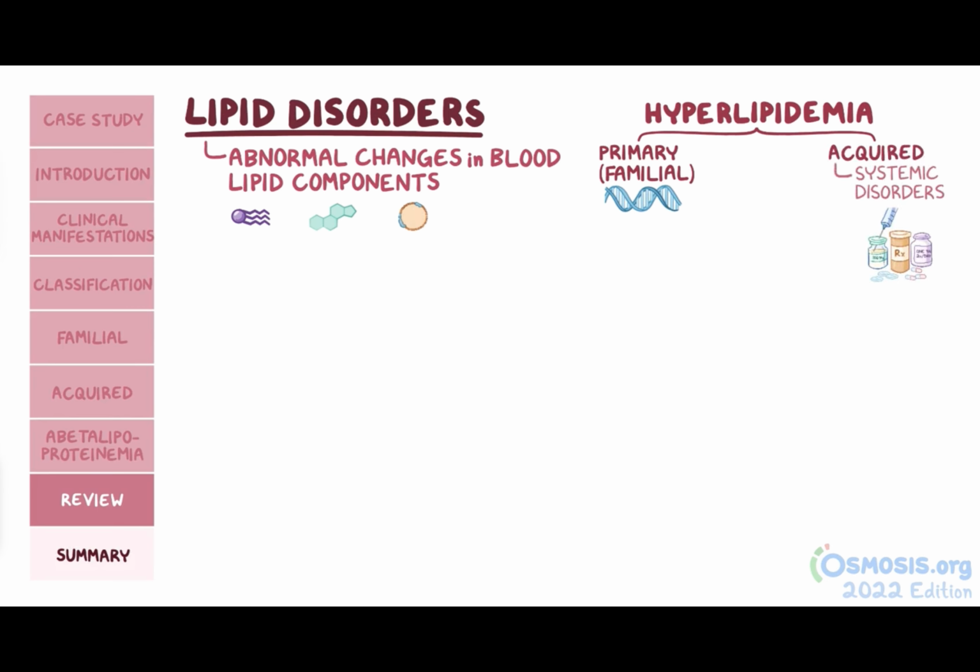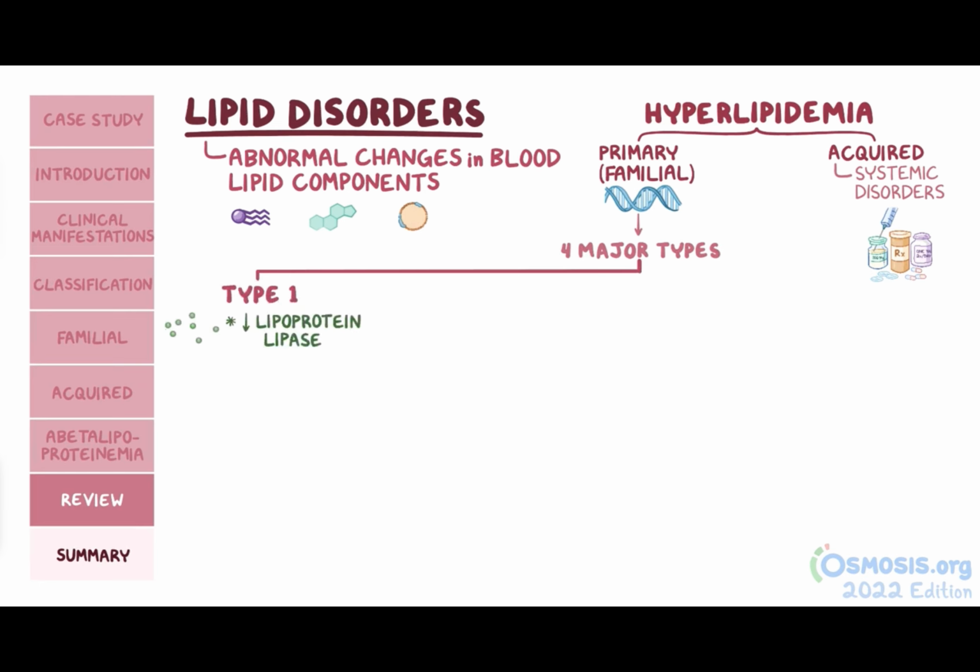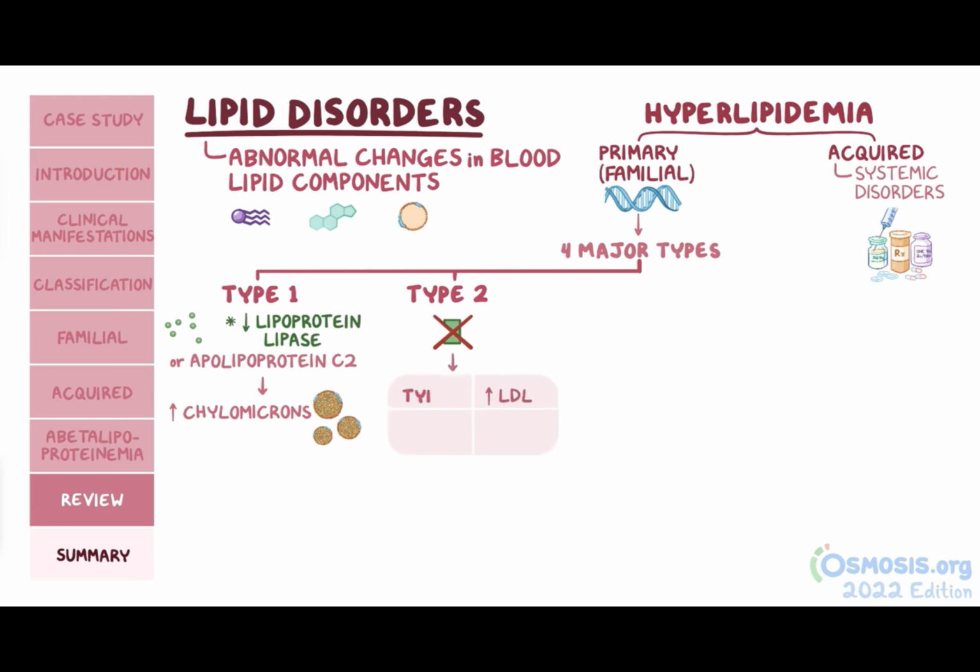Familial hyperlipidemias are subclassified into 4 major types. Type 1, caused by a deficiency of lipoprotein lipase or its cofactor, apolipoprotein C2, results in elevation of chylomicrons. Type 2 is caused by an absent or defective LDL receptor, resulting in elevation of LDL in type A and both LDL and VLDL in type B.